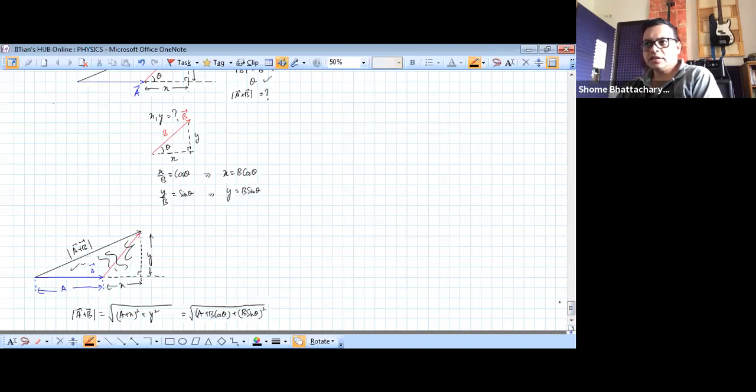Yes, Yash, that is correct. When we expand that whole thing, it will reduce to what we have just written: root of a square plus b square plus 2ab cos theta.